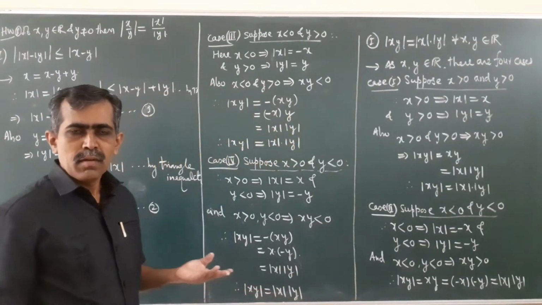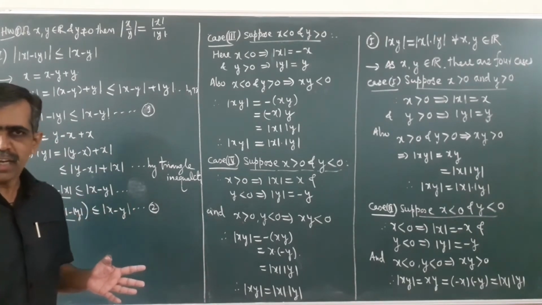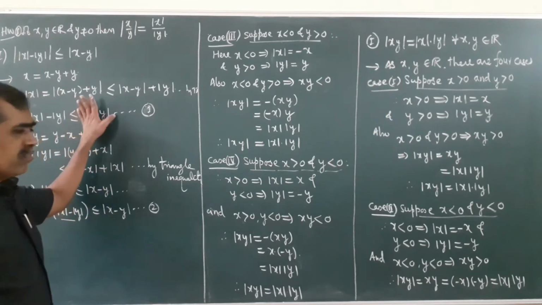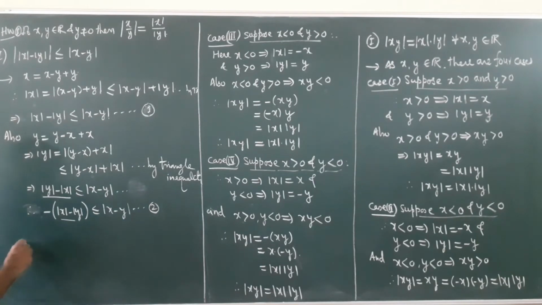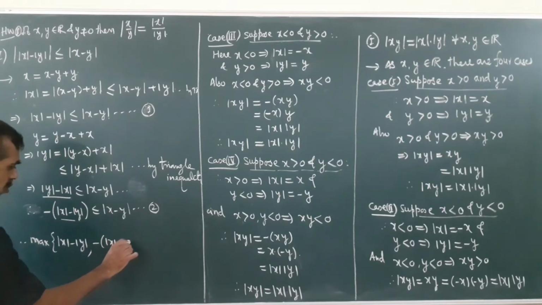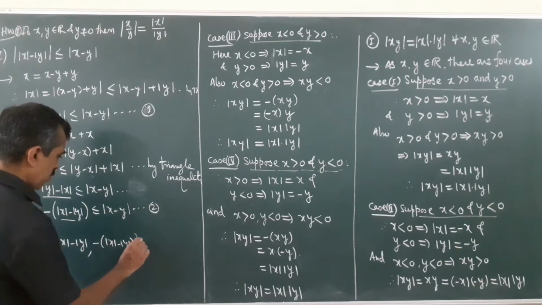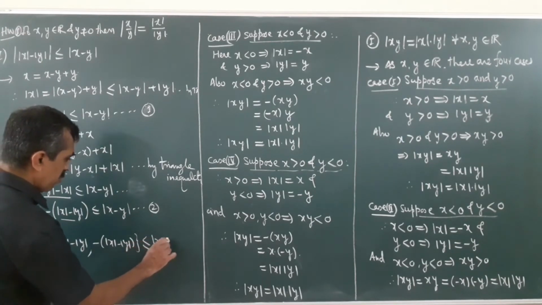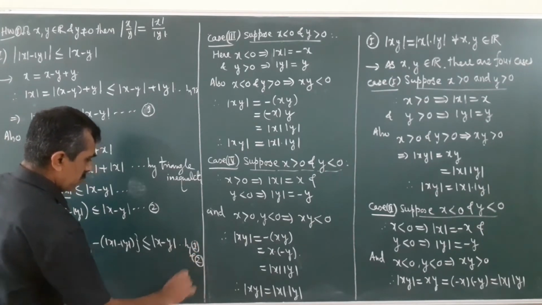Therefore, what is mod a? Mod a is maximum of a and minus a, but a is less than or equal to this and minus a is also less than or equal to this. Therefore I will write maximum of mod x minus mod y, comma, minus of mod x minus mod y is less than or equal to mod of x minus y, by 1 and 2.